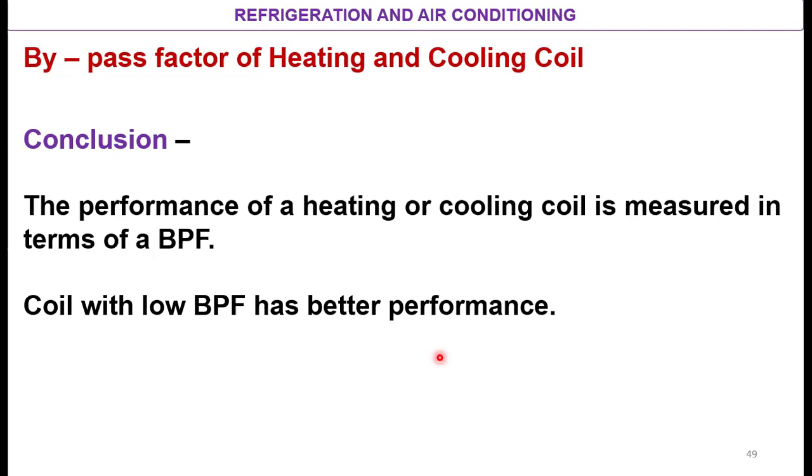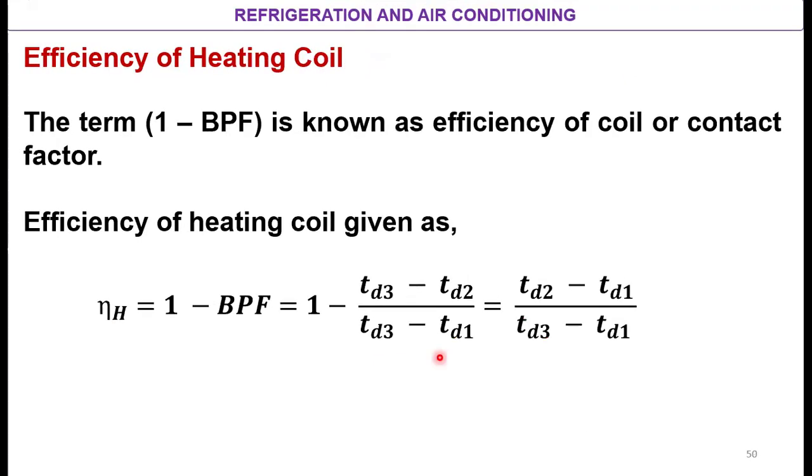The coil will have an excellent performance if it possesses a low value of bypass factor. And 1 minus the bypass factor is known as the efficiency of the heating coil or the cooling coil. So this efficiency of the coil is also known as the contact factor.